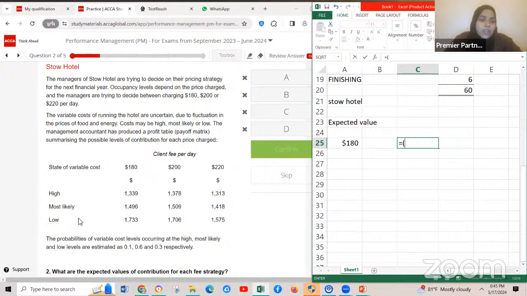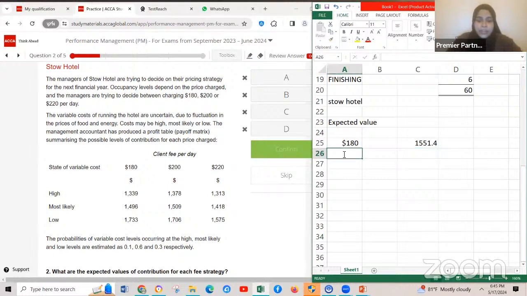They have told you high is 0.1, most likely 0.6, low 0.3. So 1339 into 0.1 plus 1496 into 0.6 plus 1733 into 0.3. That is the expected value for 180.